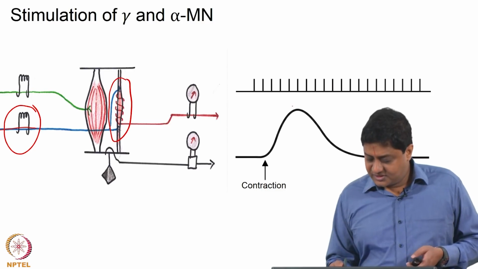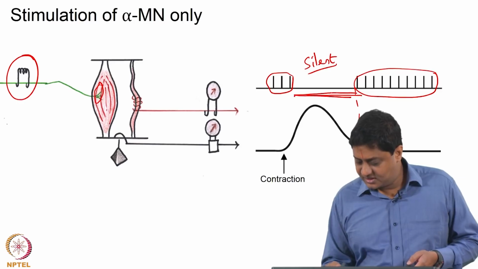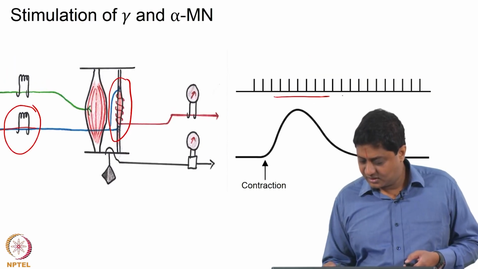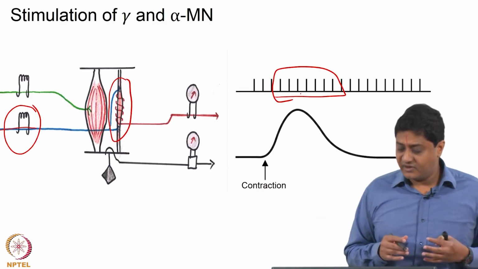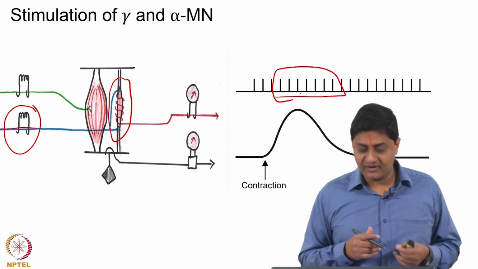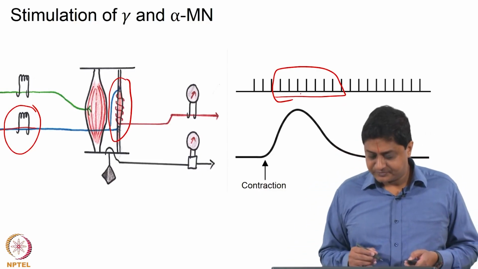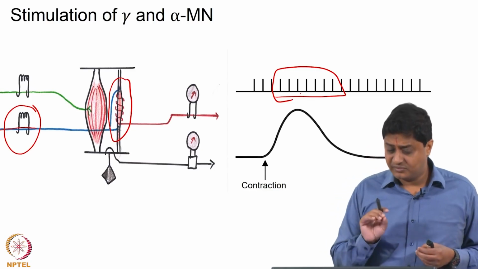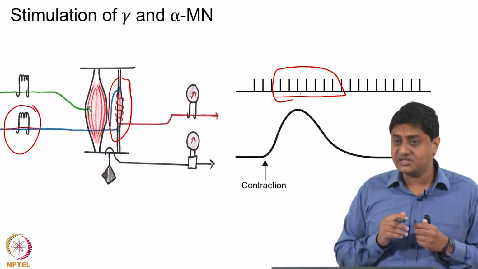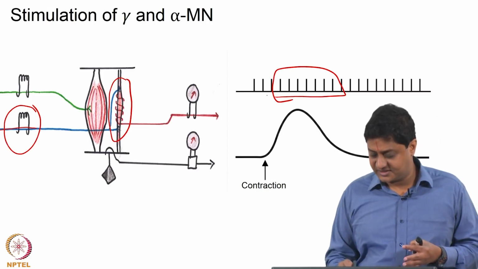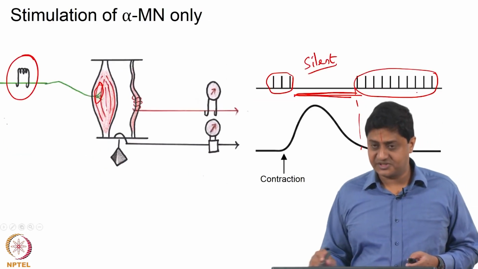When both are done, what you see as a difference from the previous picture is that here it is silent, whereas here it is still measuring length. So, experimentally we have confirmed the important role of the gamma motor neurons, something to remember. Okay. If I simultaneously activate alpha and gamma motor neurons, I am going to get a response like this, which is considered a normal response. This happens only in experimental situations, is it not?